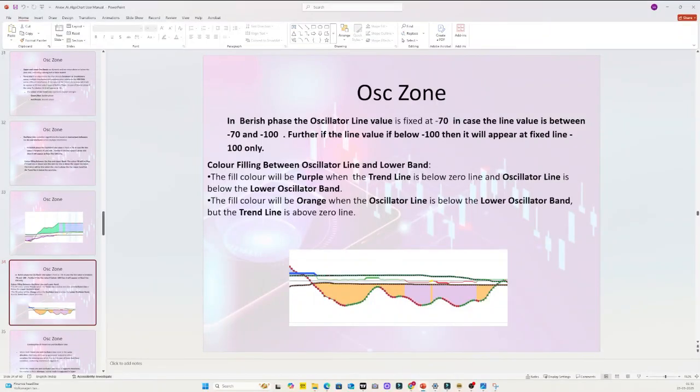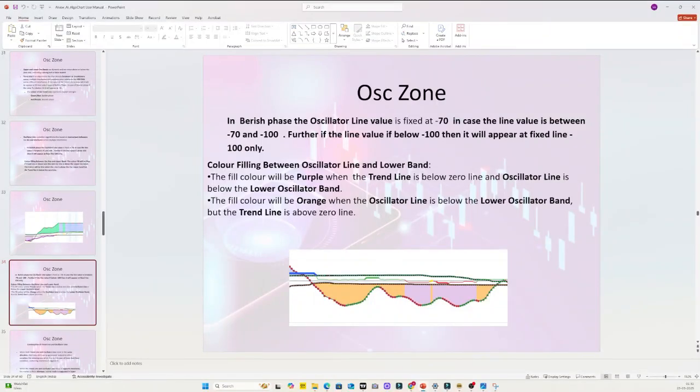Further, in the combination, we will see all this. So coming back to the color filling between oscillator line and lower band, the fill color will be purple when the trend line is below zero line and oscillator line is below the lower oscillator band. Okay, so it is just opposite to the bullish zone.